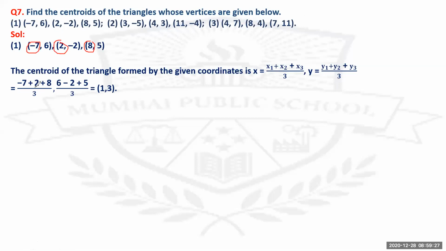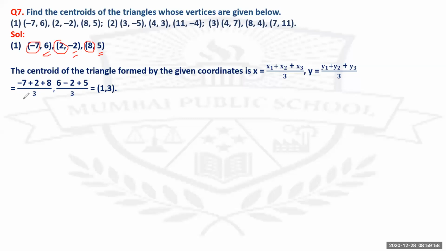You'll get minus 5 plus 8, which is 3. So 3 upon 3 will give you 1. So the x coordinate is 1. Similarly, for the y coordinate, you will take 6, 2 and 5. So 6 minus 2 is 4, plus 5 is 9.